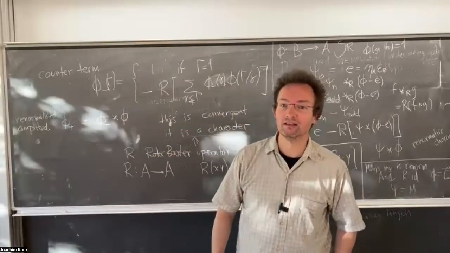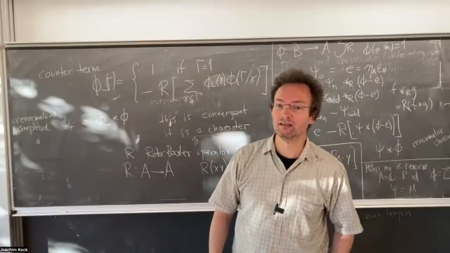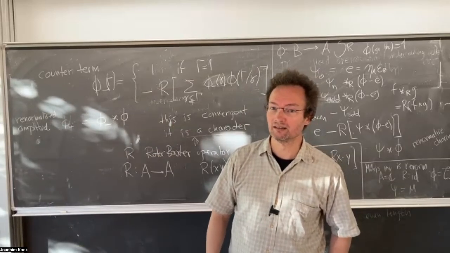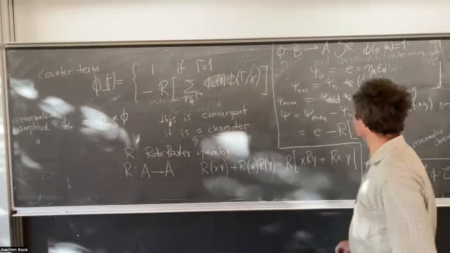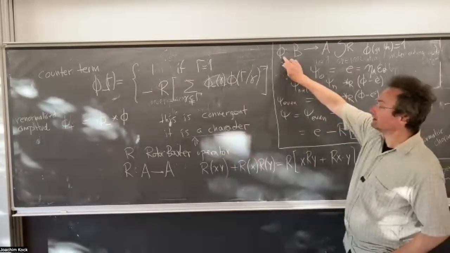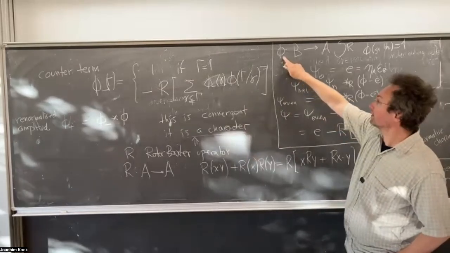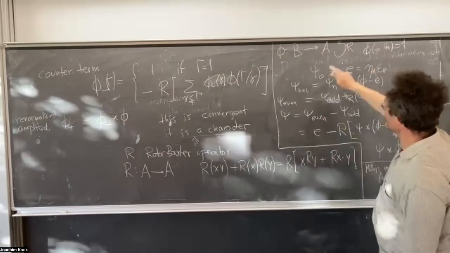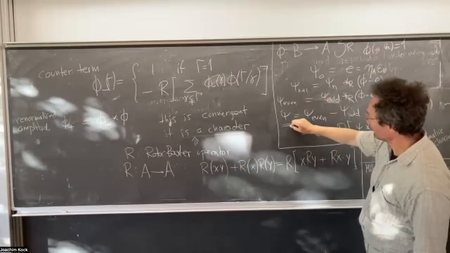Okay. So maybe could you just state what is the statement of the last part? What is the theorem? So I think of this as the divergent amplitude. And then from that, I can construct a counter term. That's this one.